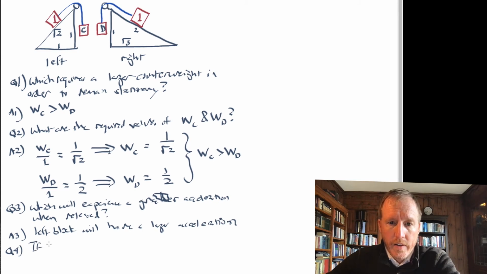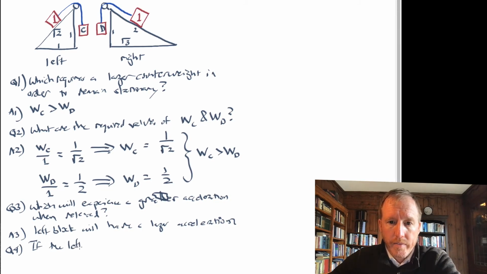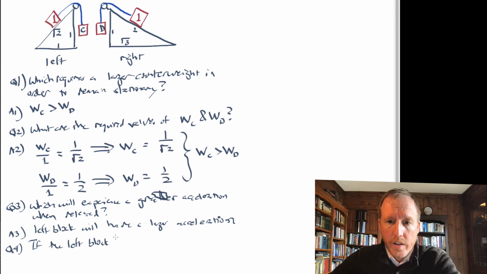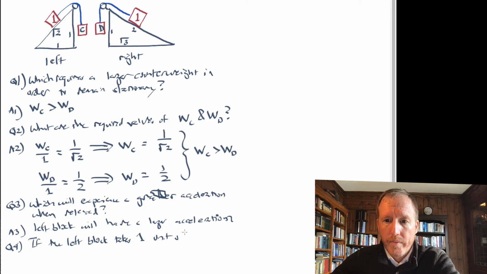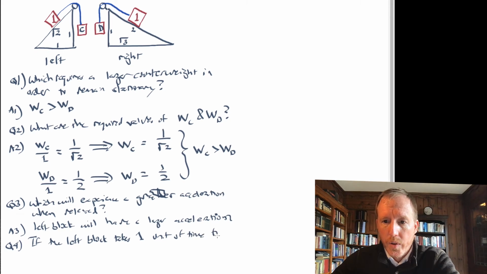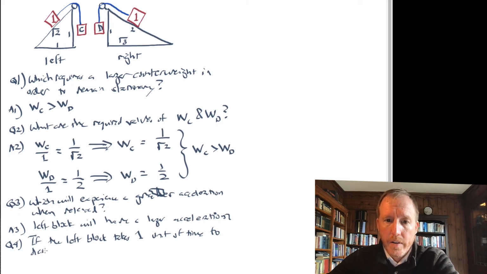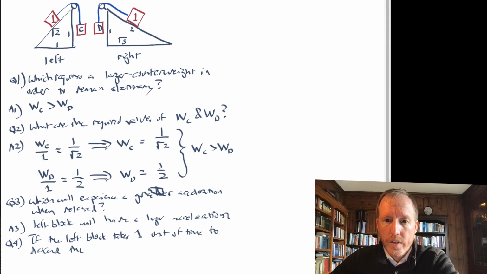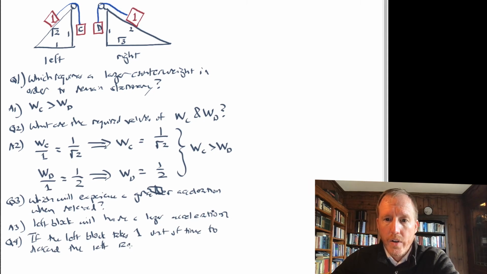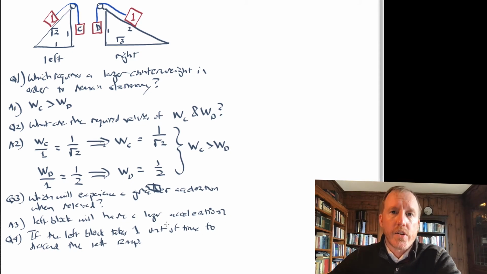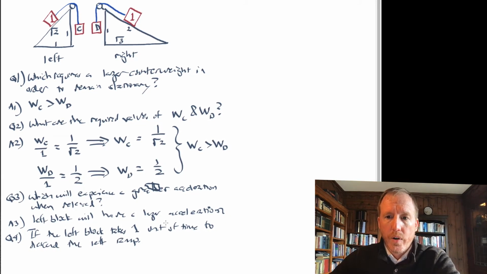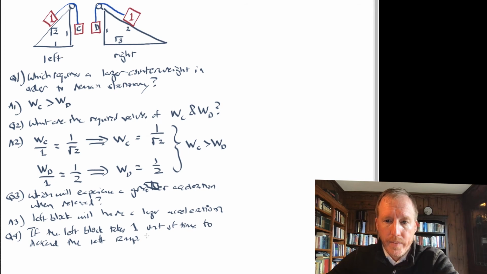So if the left block takes 1 unit of time to descend the left ramp. And I know that I've drawn these blocks kind of halfway down, but you might imagine that they're both right at the top of the ramp. Okay, so it takes 1 unit of time to descend the ramp.